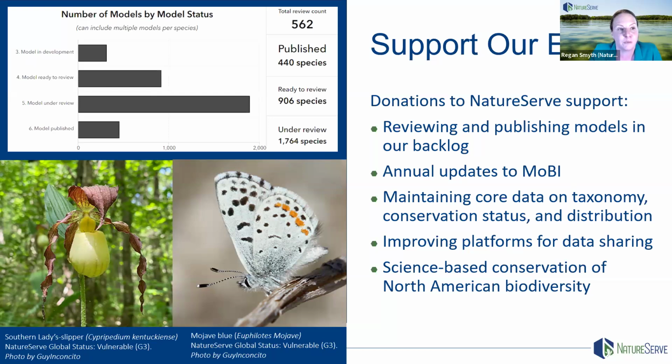Donations to NatureServe will help us work through that backlog. They help us get more information into the public domain. They allow us to keep up with the science on taxonomy and status, and do those annual MoBI updates. Support for us will allow us to keep working with our network partners to keep information flowing and allow us to improve the technology platforms that enable us to deliver all this information to you.